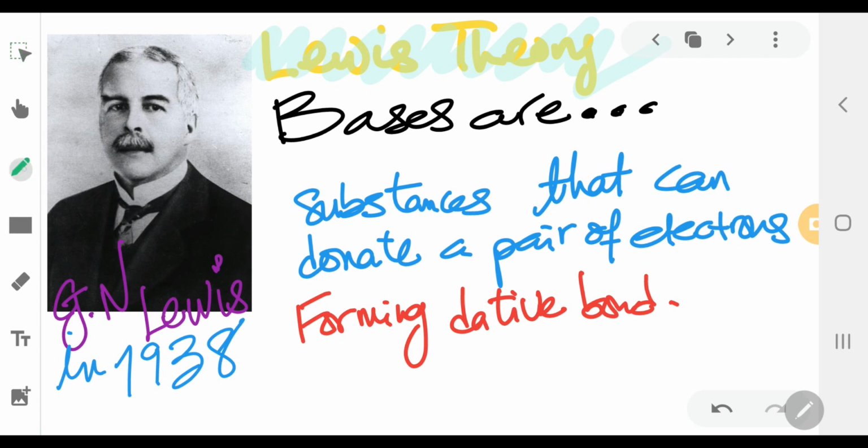We know that this is a base according to Bronsted-Lowry. And then according to Lewis theory, NH3 is still a base, because you have a lone pair over here, and this lone pair can be donated to an empty orbital.